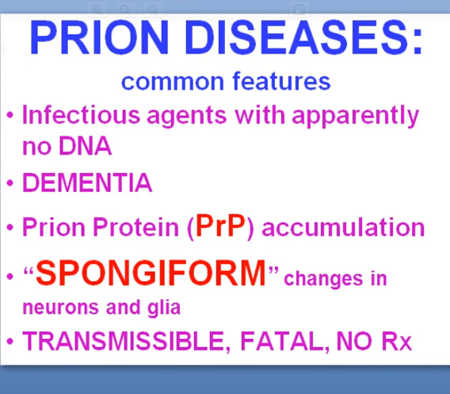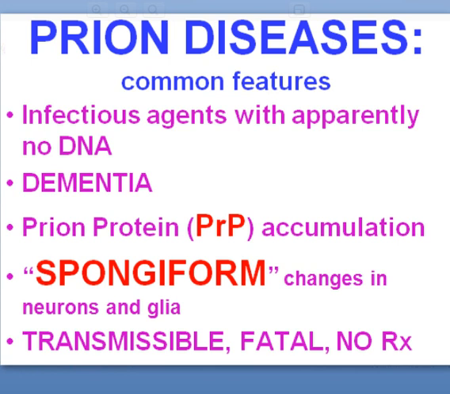The thing that you have to equate with the word prion, however, is the word spongiform, because the common feature of all prion diseases, genetic, human, animal, cannibal, is that in the brain, they cause spongiform changes.